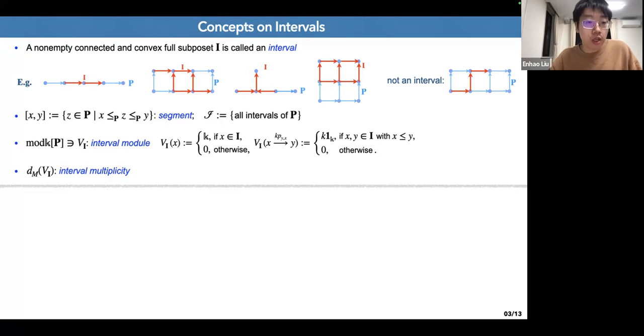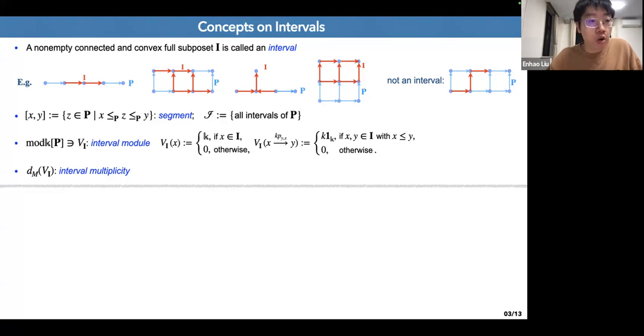We also define a special subclass of intervals, namely segments. A segment is a special interval with a minimum and a maximum element. Here the minimum element is x and the maximum element is y. We will use curly I to denote the set of all intervals of P. Okay, so that's the interval of a poset.